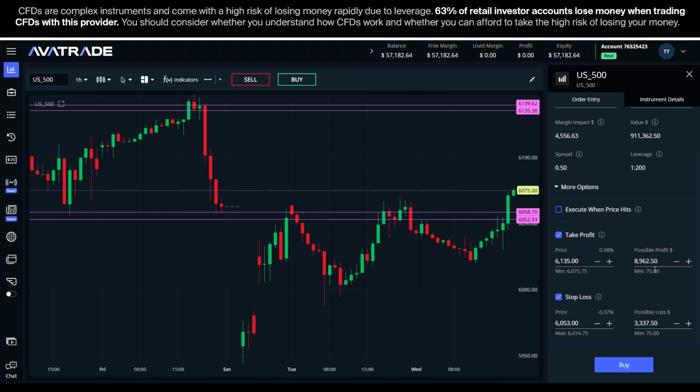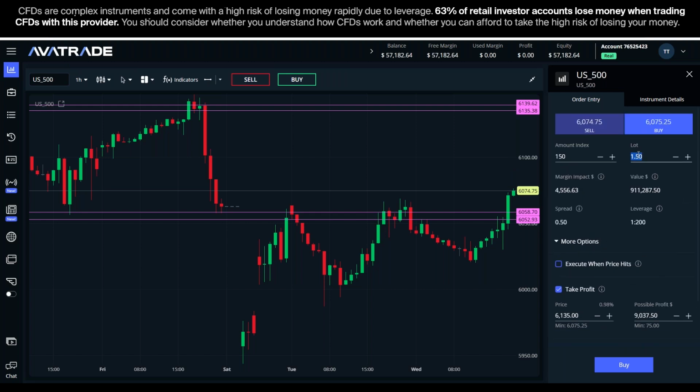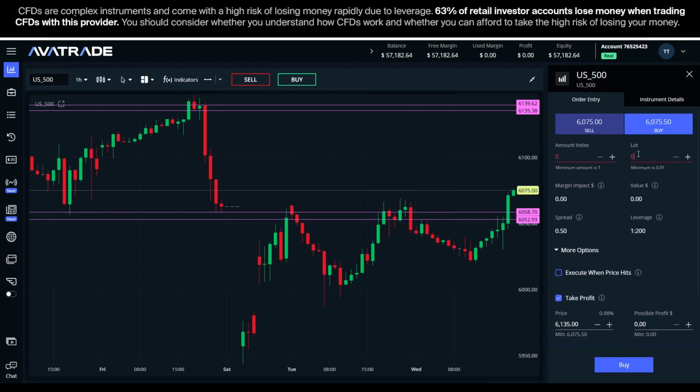Now I can adjust the trade size. Now that I have the technical analysis set up with support and resistance levels determining my move, I can say, okay, how much am I willing to risk? Maybe I don't want to risk this much. I want this setup. I want the take profit here. I want the stop loss below, back into the gap, all of that. I'm in the direction of the breakthrough and the trend and the current momentum. So now I just need to adjust my trade size to be the amount of risk that I'm willing to take.